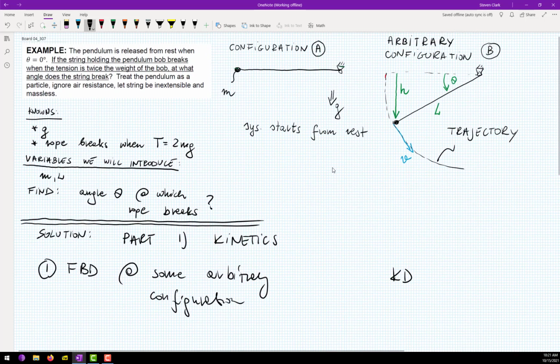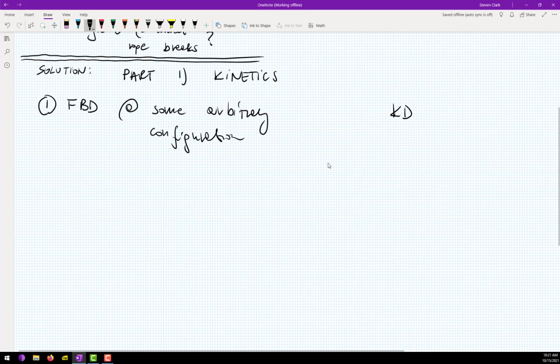Shall I copy that drawing? Maybe not. Let me draw it from scratch. Okay, so that will be our trajectory. This is our rope, imaginary rope, because actually on the FBD we should draw only that dot.